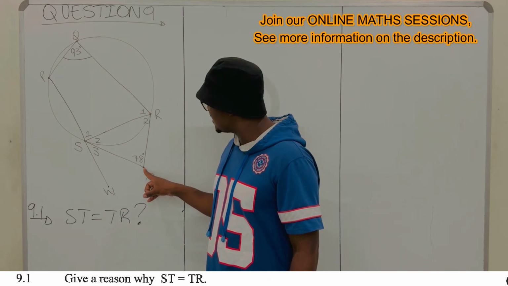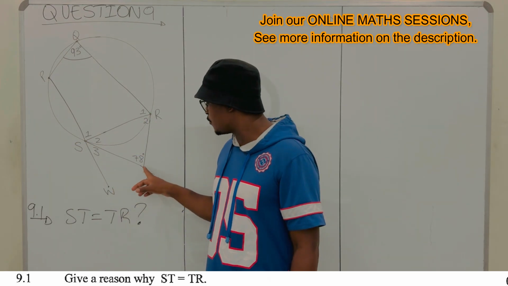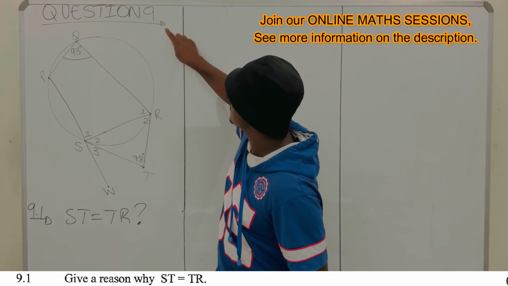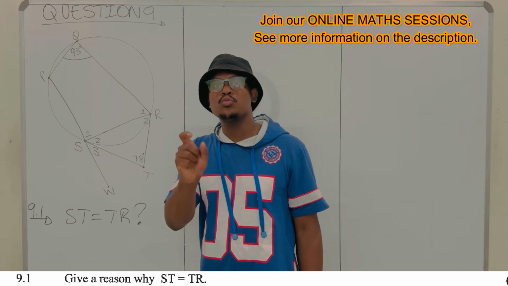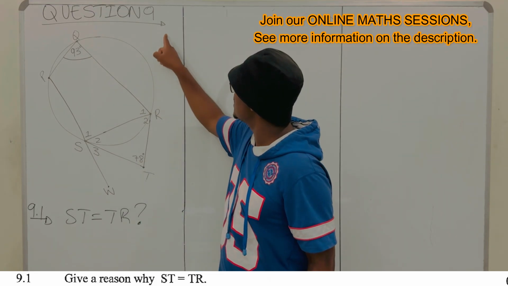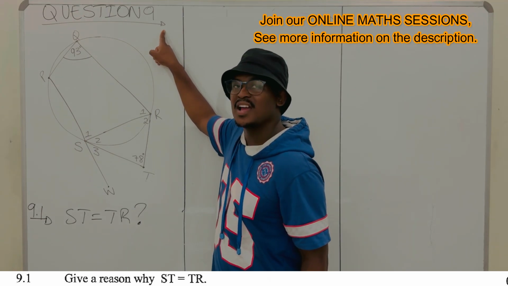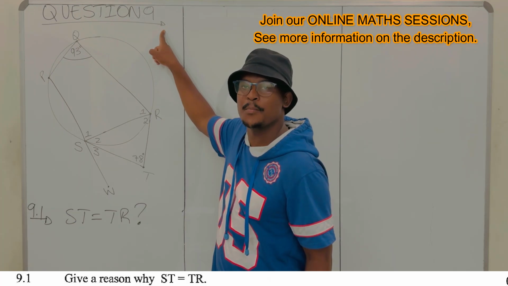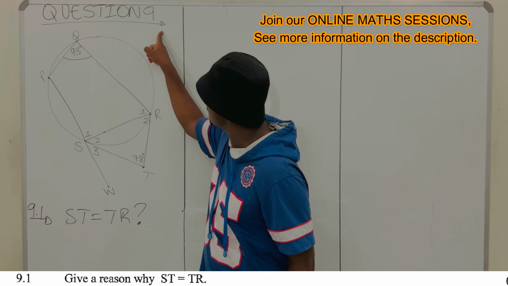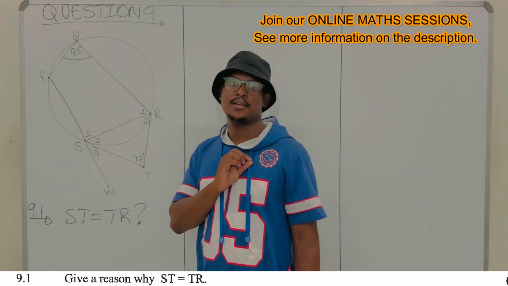Even if you have another point here, you can only draw two tangents coming from that one point. And those two tangents will be equal in length, which is the length from the external point to the point of tangency, and the length from that same point to the other point of tangency. Those lengths will be equal.